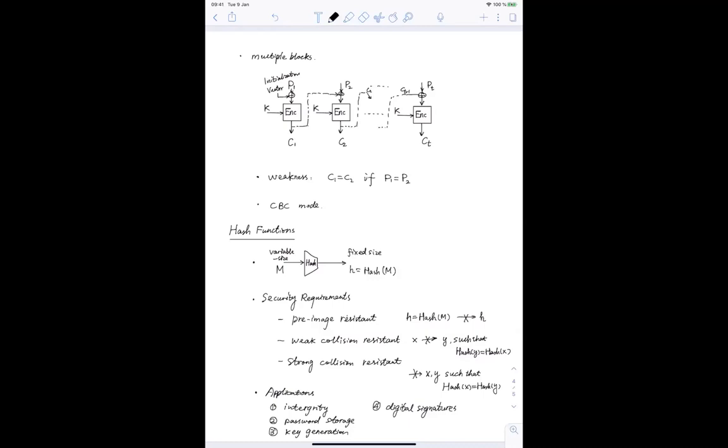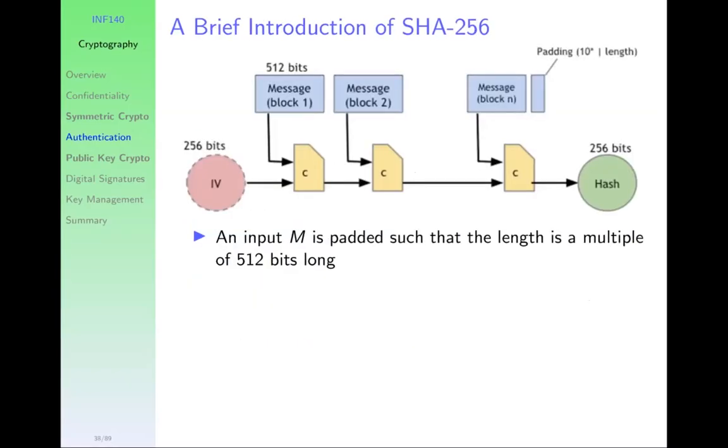So now let's take a look at the general design of hash functions and the specific examples. Here I want to give you, again, a very brief idea of the design of hash functions. Otherwise, it's too abstract and you don't get the idea. So suppose we have input, called a message.